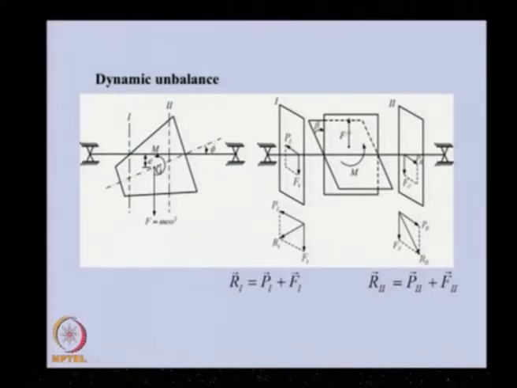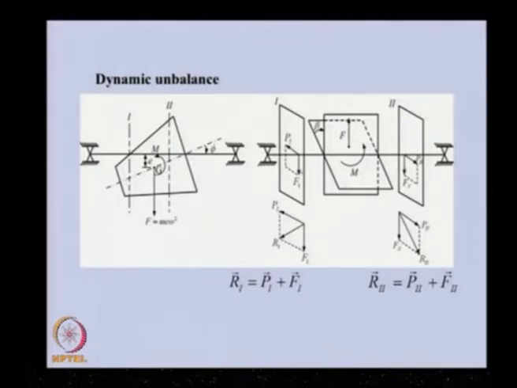To balance the force, if we have two correction planes 1 and 2, what is the correction force required to balance F in plane 1? Let us say that comes F1, and in plane 2, F2. We have already seen how we can get F1 and F2 to balance a single centrifugal force, so those two relations will be valid here.